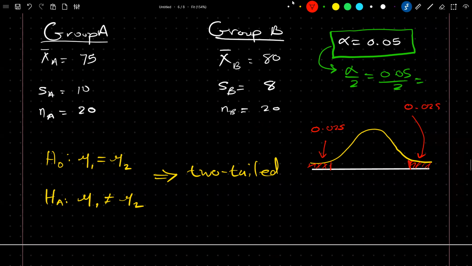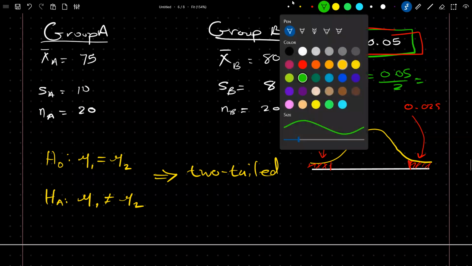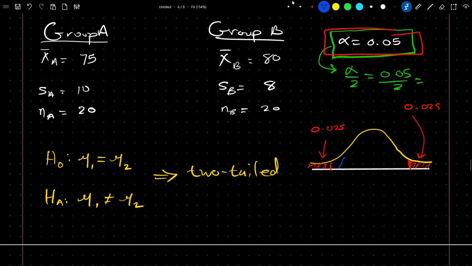So add them together, we're going to get our 0.05, which means that in the middle here, in this region, let me give it a different color, this is our 95% region. Okay, so the blue region.